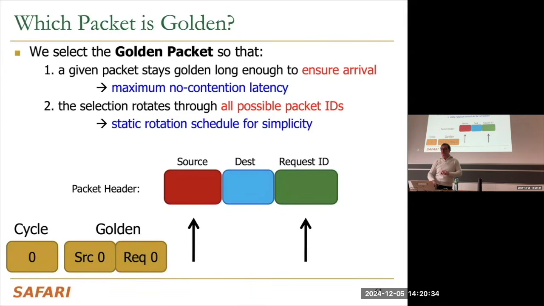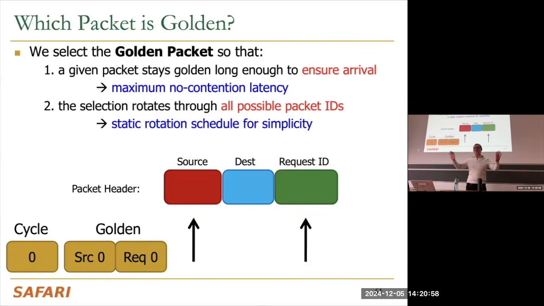This is a request that could be injected by source 0 into the network, and source 0 may have 128 potential requests it could inject. We basically say at cycle 0, this is the golden one. We don't care if it's in the network. We don't care if source 0 is actually running anything. Does that make sense? Source 0 may not have injected anything, but it's golden.